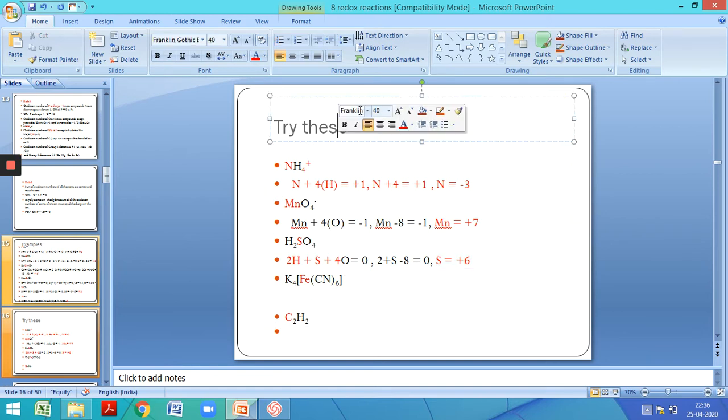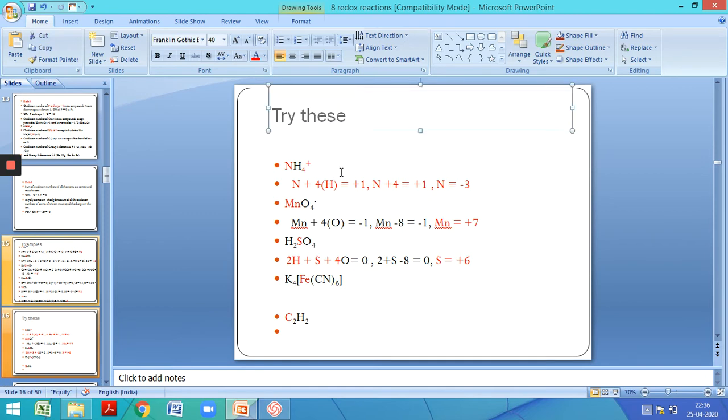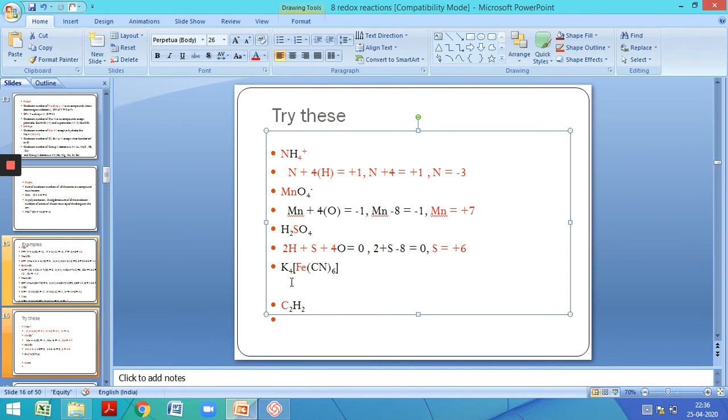Potassium has an oxidation number of plus 1. We need to find out the oxidation number of iron in this case, but you know the oxidation numbers of carbon and nitrogen. Know one thing for sure: the sum of oxidation numbers for polyatomic ions is equal to the charge on the ion. So cyanide ion, which is CN minus, has a charge of -1.